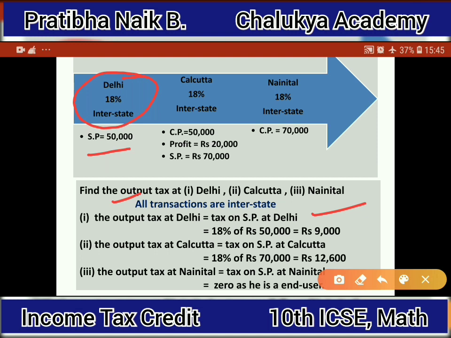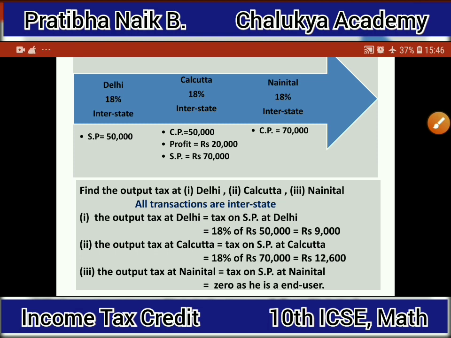So tax on selling price at Delhi is 18% of 50,000, that is 9,000 you have to pay at Delhi. Next is Kolkata. Let's concentrate only at Kolkata. Again we have to pay output tax, so we concentrate only on the selling price, that is 18% of 70,000, that is you have to give 12,600.